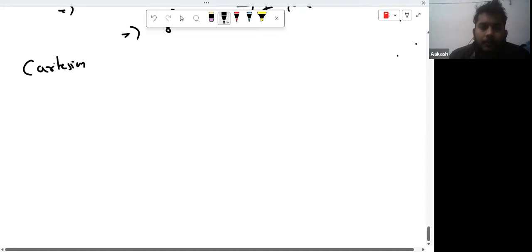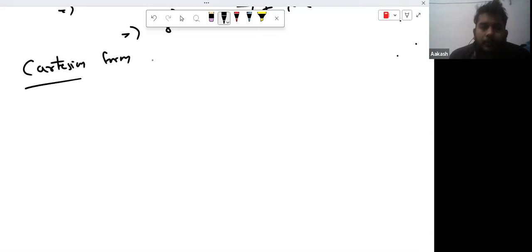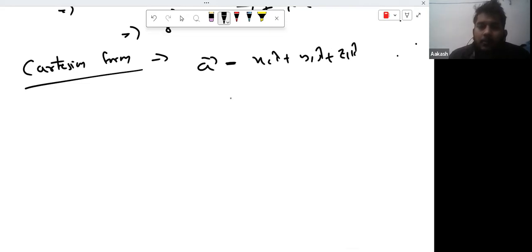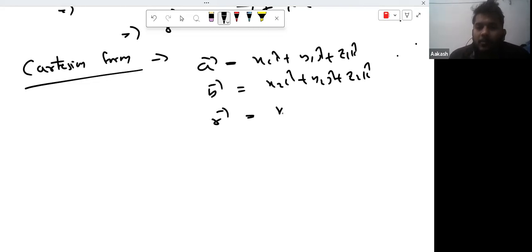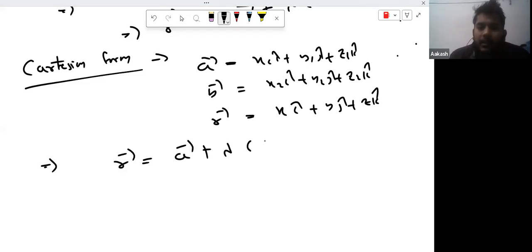Okay, in Cartesian form, let A vector be x1 i cap plus y1 j cap plus z1 k cap, and B vector be x2 i cap plus y2 j cap plus z2 k cap, and R vector is, as we all know, x i cap plus y j cap plus z k cap. We got the equation as R vector equals A vector plus lambda times (B minus A) vector.